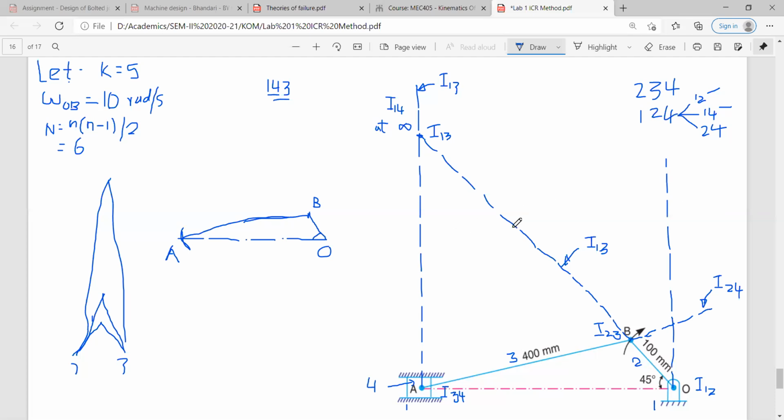They will appear parallel, and I will show here that I14 is at infinity.